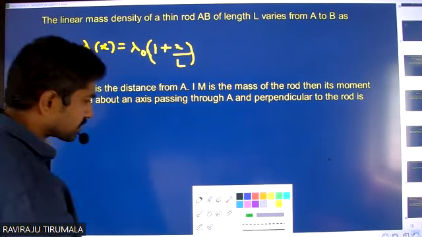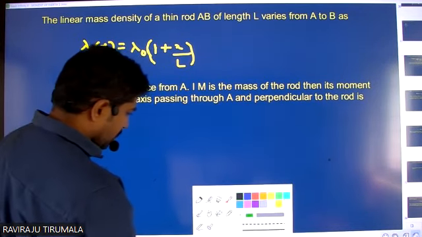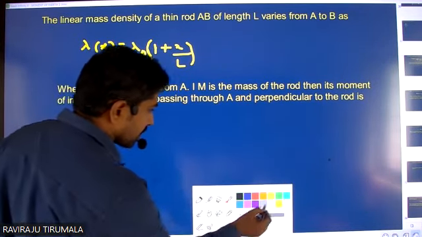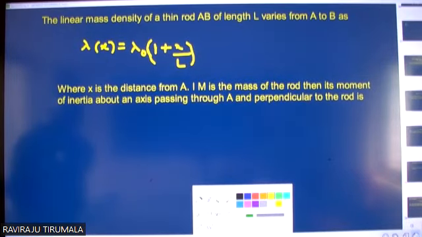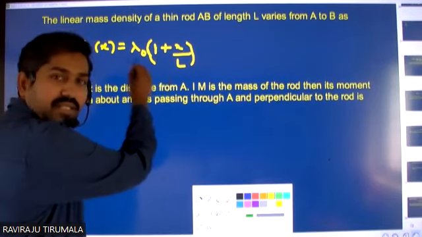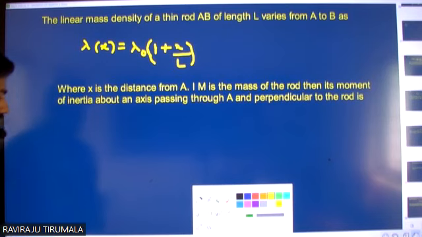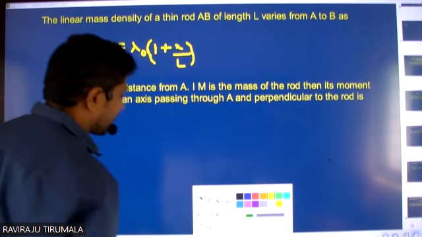See here, in this particular question, they're asking about a rod whose density is not constant. Here density is varying. So I will draw a diagram for the given case.